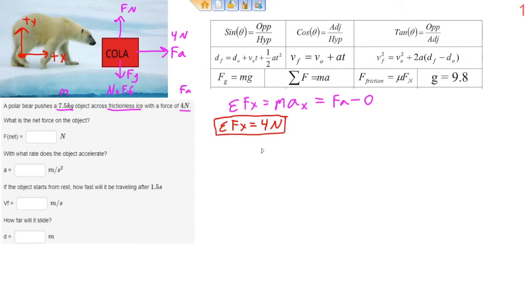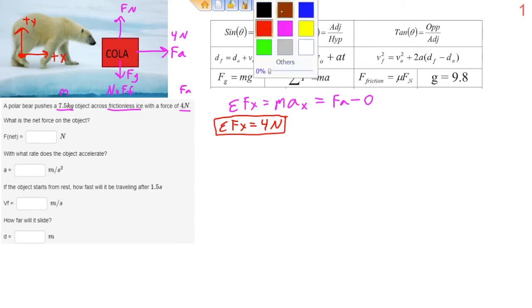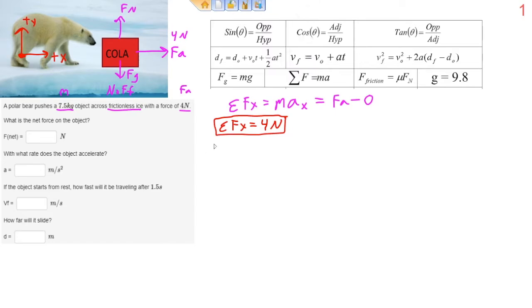Next step, at what rate does the object accelerate? Well, if it's talking about acceleration, I'm going to have to look at my net force once again. And I find out that net force equals m a, which also equals force applied. So in this case, I can say that m times a is equal to force applied. If I'm solving for acceleration, I would just divide both sides by mass.